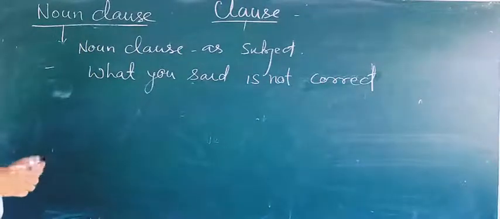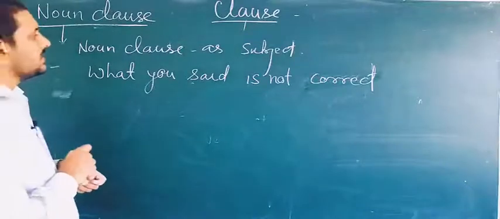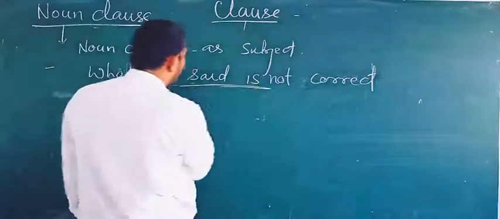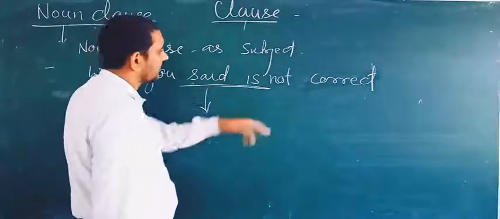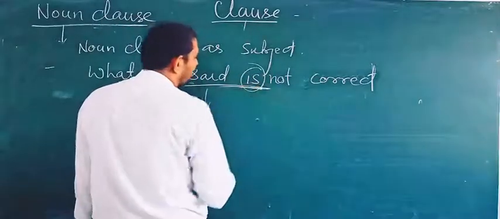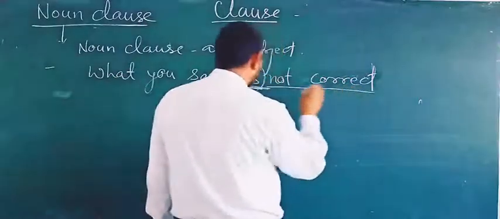Basically, we have to focus on the verbs of the sentence. There are two verbs, said and is. But said is a main verb, and after that there is another verb. So we know this is the main verb, and this is the other part of the sentence.